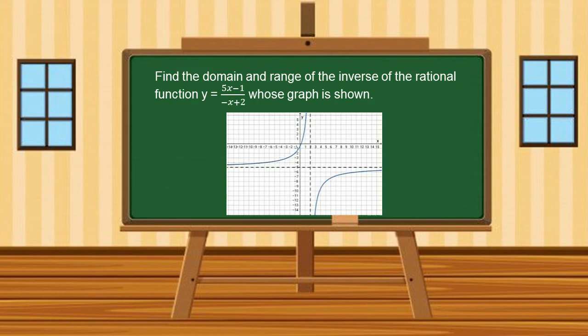Before we end, let's try to extend what we have learned by considering this example. Find the domain and range of the inverse of the rational function y equals (5x minus 1) over (negative x plus 2), whose graph is shown.